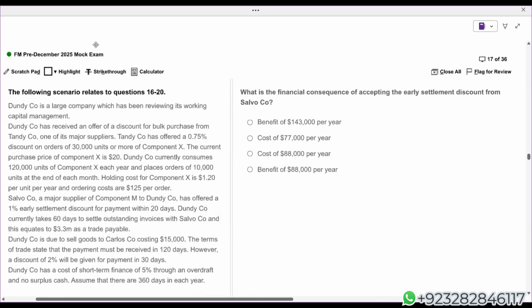What is the financial consequence of accepting early settlement discount from Salvo company? Early settlement discount, students, you are receiving. Now listen, first understanding.